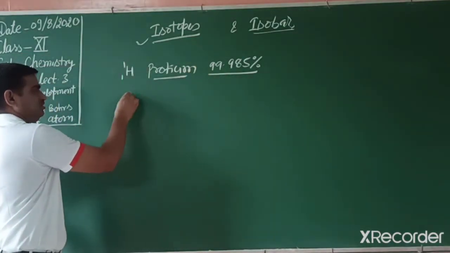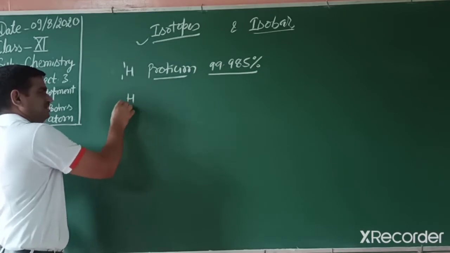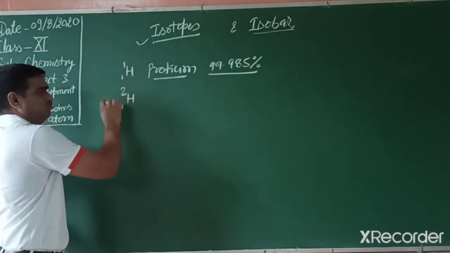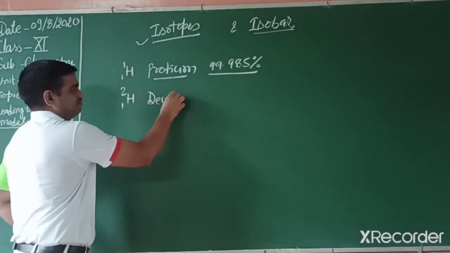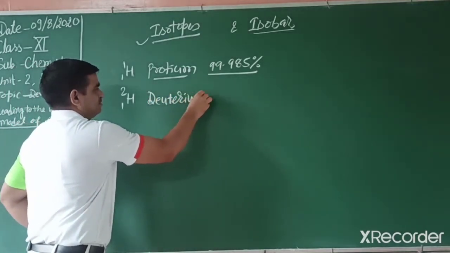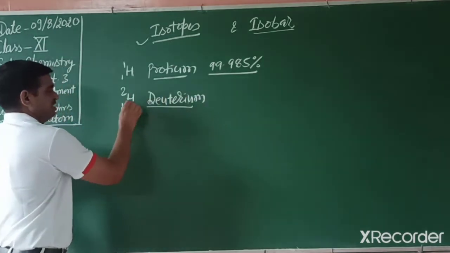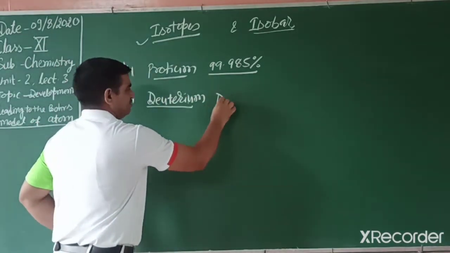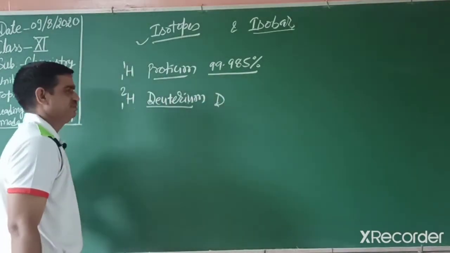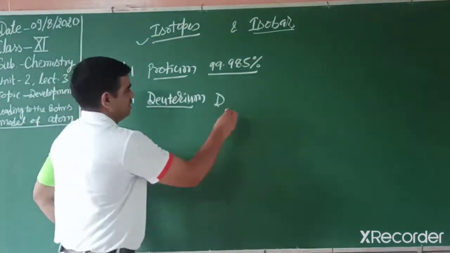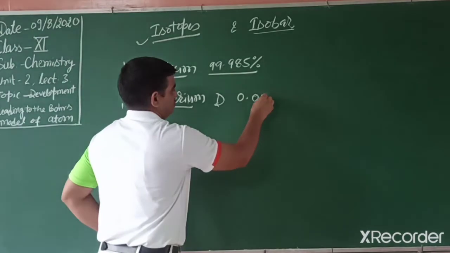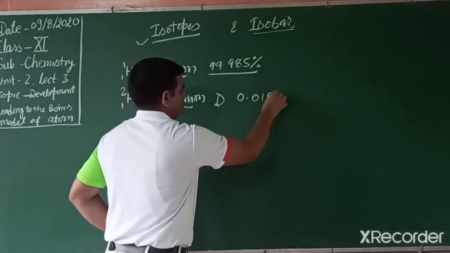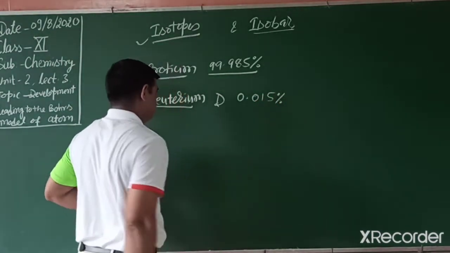The other hydrogen is represented like this, H 1, 2. That is known as deuterium. Sometimes it is represented by capital D also. Deuterium, heavy water, is found only 0.015%.